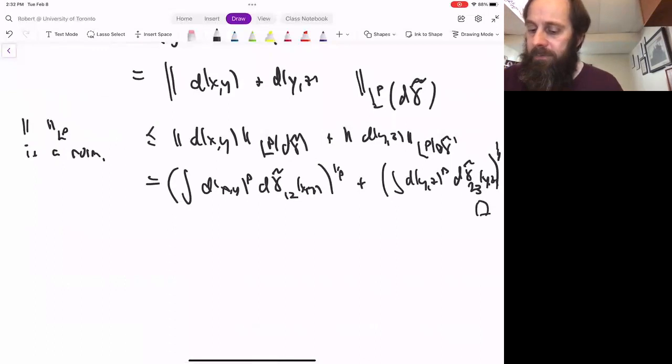I put a link to an article on the homepage that gives, I think, a self-contained proof of the disintegration of measures.